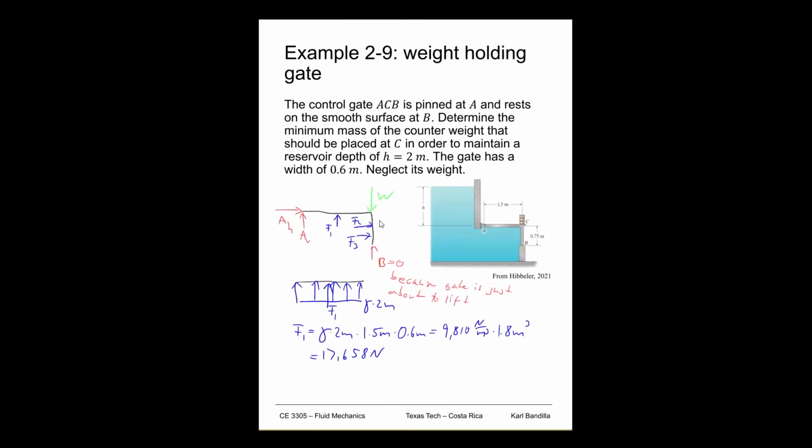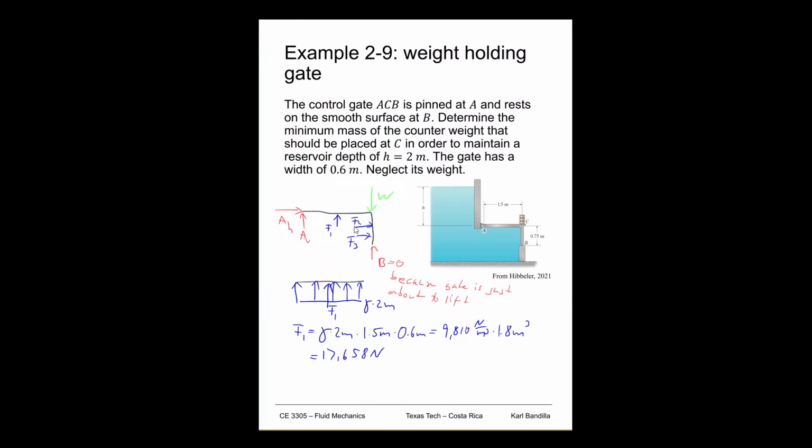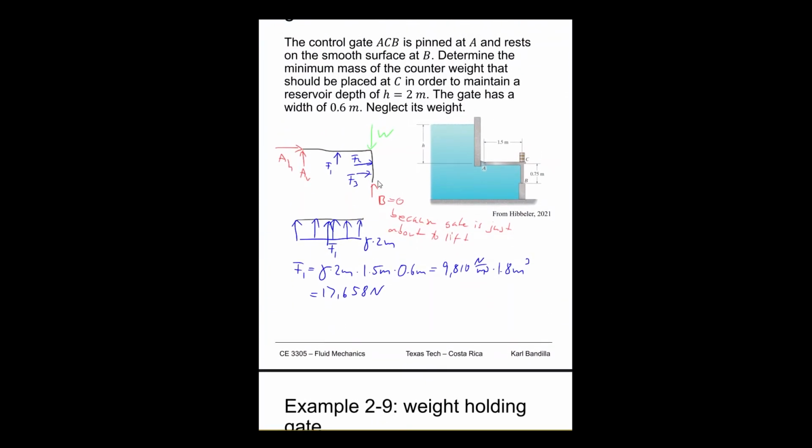How about F2? F2 was from the other rectangle. It's turning also counterclockwise, and if this is also a rectangle, we know that's half of 0.75. So we have plus F2 times 1/2 times 0.75 meters, and then the last part is our F3, also turns counterclockwise.